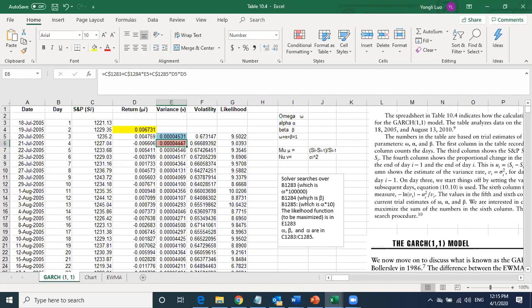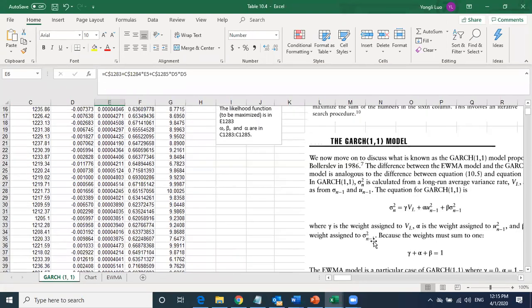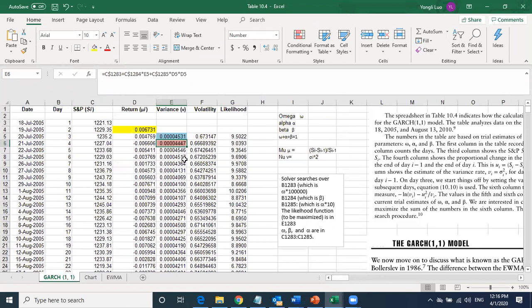And second, you have to use the GARCH 1,1 formula. Okay, this is the GARCH 1,1 formula. We have the cells C1283, C1284, and C1285, all those 3 cells.